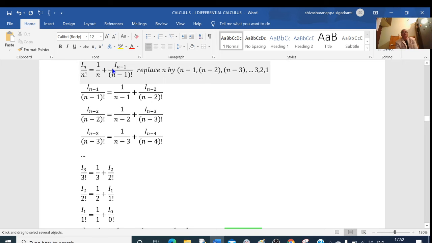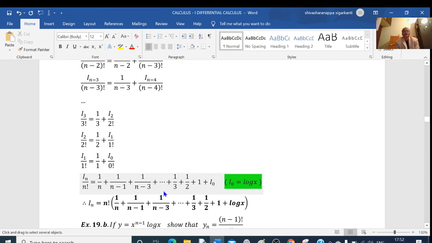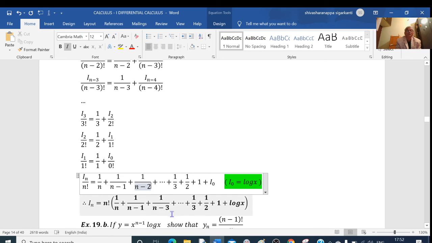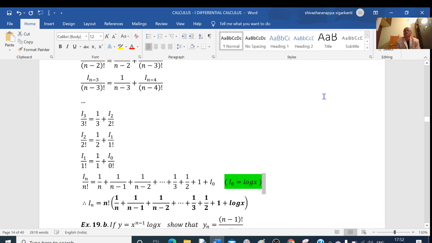So that means here 1 by n plus 1 by (n minus 1) plus 1 by (n minus 2), and go on, 1 by 3 plus 1 by 2 plus 1, plus the last term, I_0 by 1, is nothing but I_0. So I_n by n factorial is equal to this.